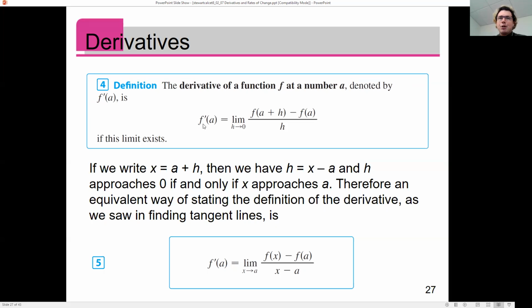Now this gets a special notation. I'm starting out with some function f. I don't know what its formula is. The derivative of f, I will give the name f prime. So if I have f of a as my original function, then f prime of a is its derivative. Or if I had g as my original function, it would be g prime as the derivative.